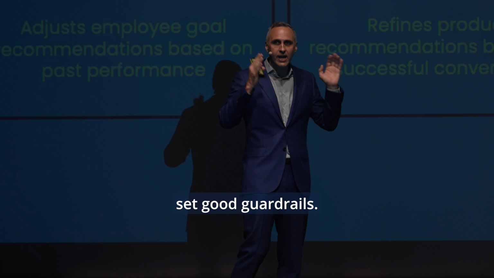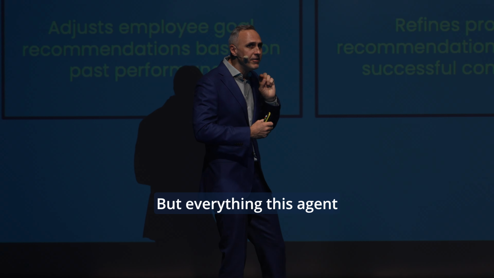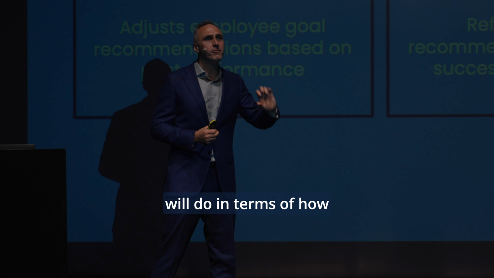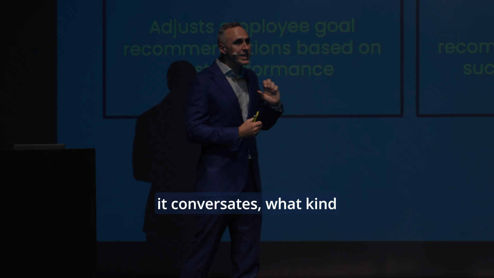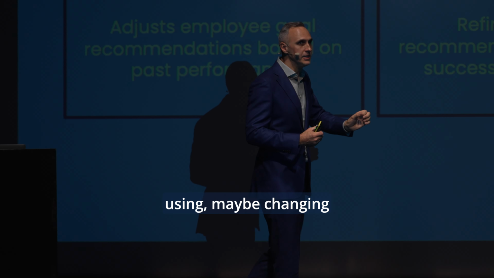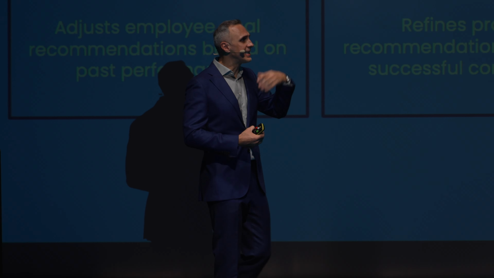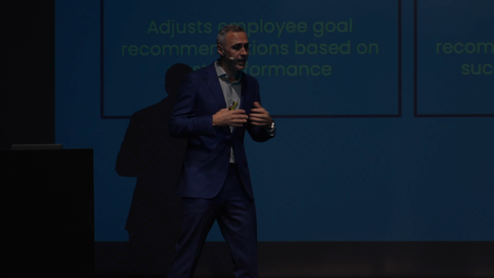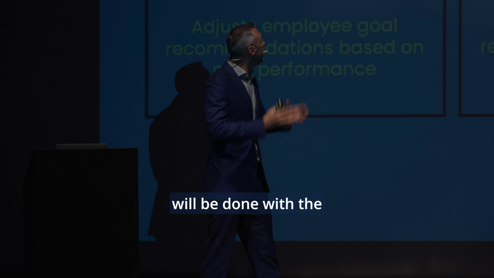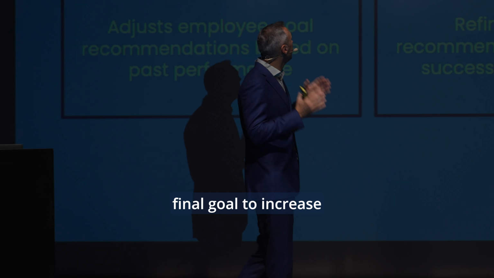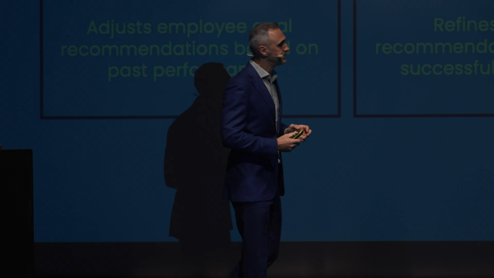So we need to set good guardrails. But everything this agent will do, in terms of how it converses, what kind of processes it uses internally, maybe changing addresses of some delivery, creating some orders, canceling some orders, and all the rest, will be done with the final goal to increase customer satisfaction.